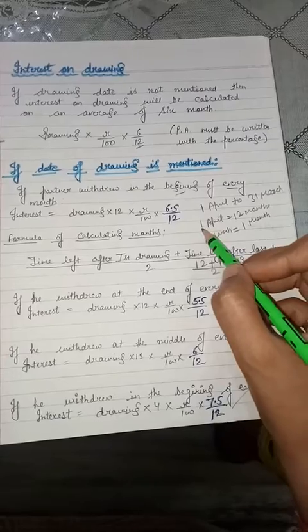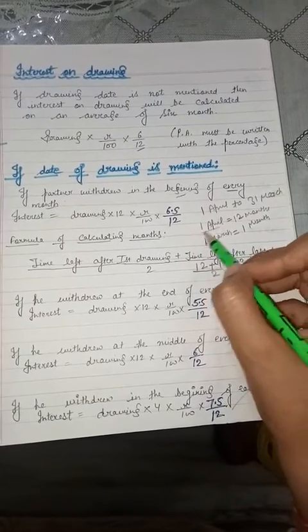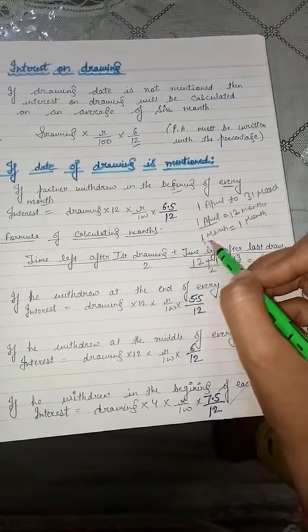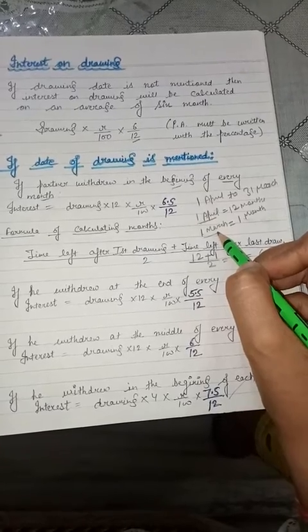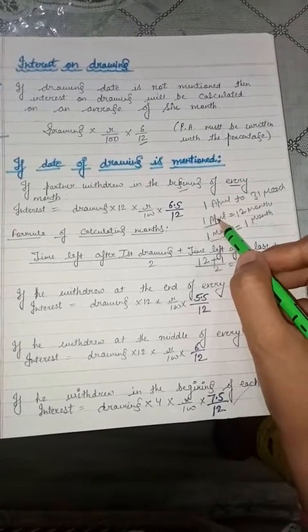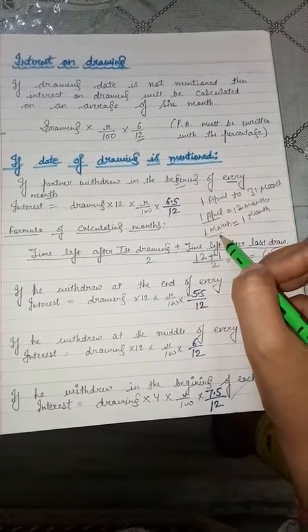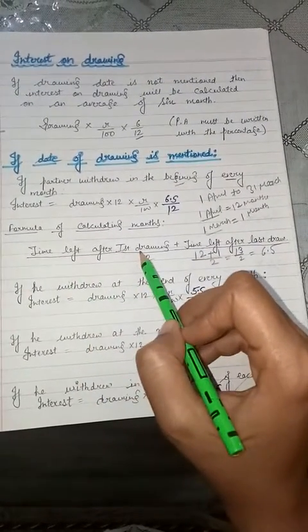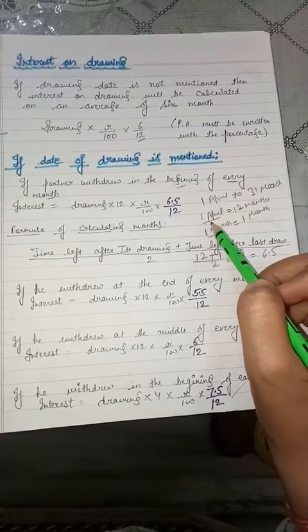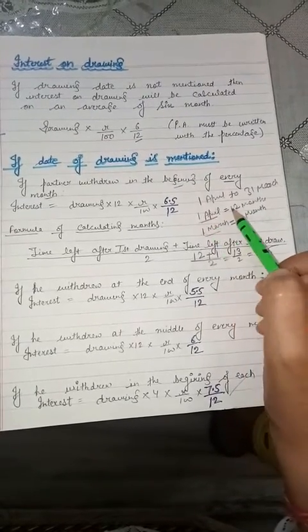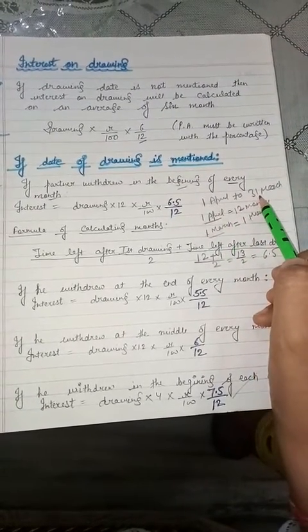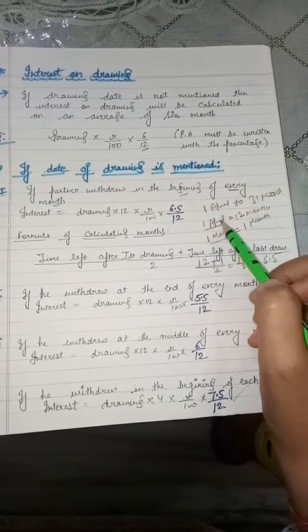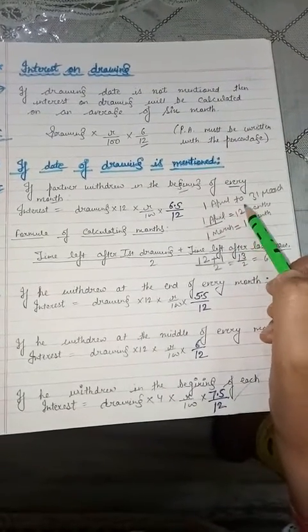So the first drawing would be on 1st April and the last drawing would be on 1st March. Now the formula is time left after first drawing. 1st April to 31st March is our financial year, so time left after first drawing is 12 months.